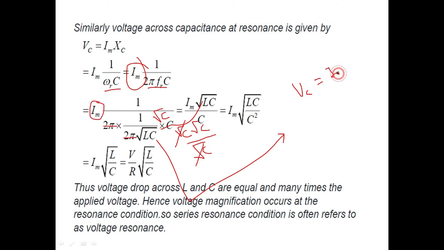The 2 pi gets cancelled, then 1 upon root of C by L, meaning L by C will remain, so I_m into root of L upon C. Only this equation will be formed: V_C is equal to I_m into root of L upon C.